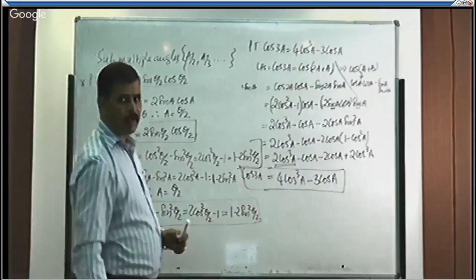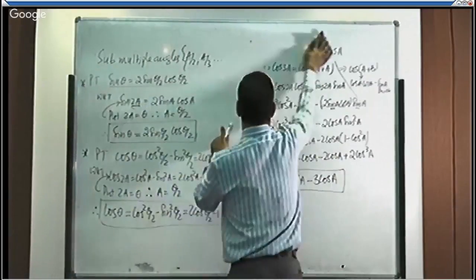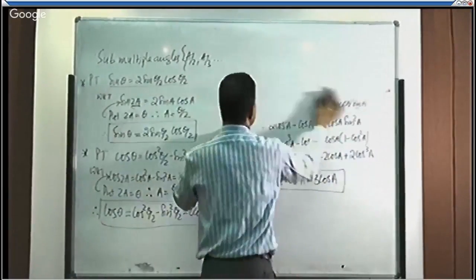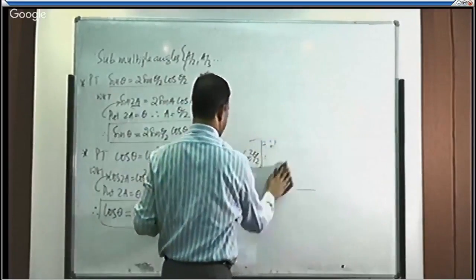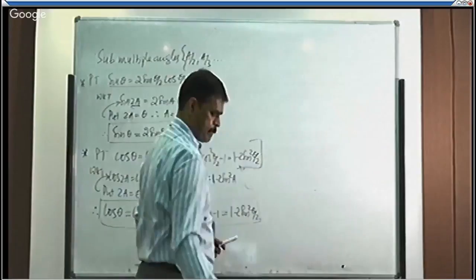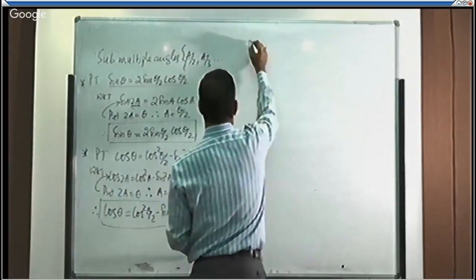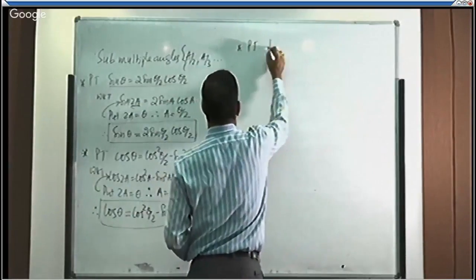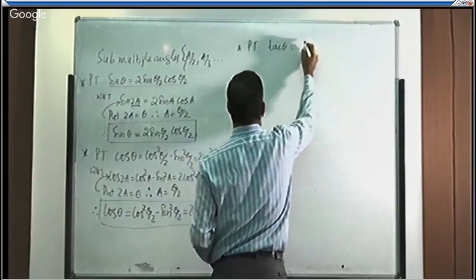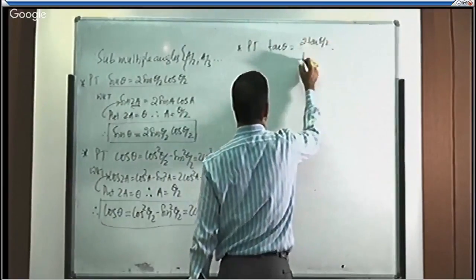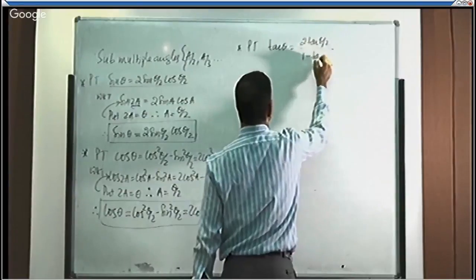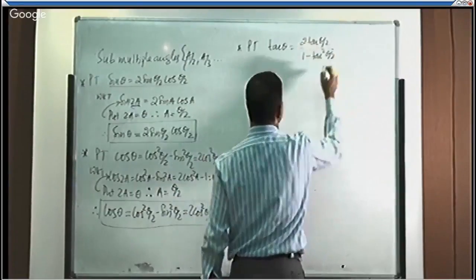Similarly, we can derive it for tan. Prove that tan theta is equal to 2 tan theta by 2 divided by 1 minus tan square theta by 2.